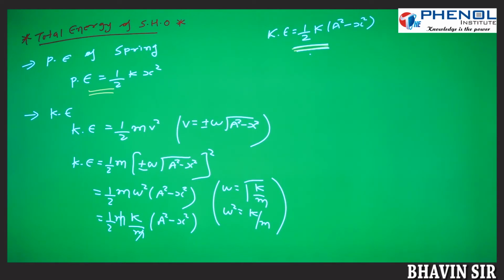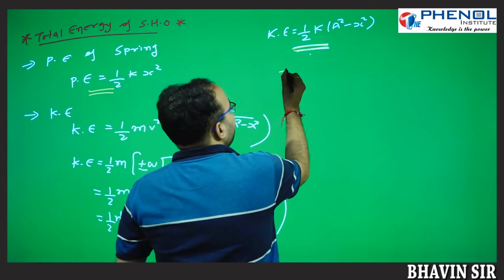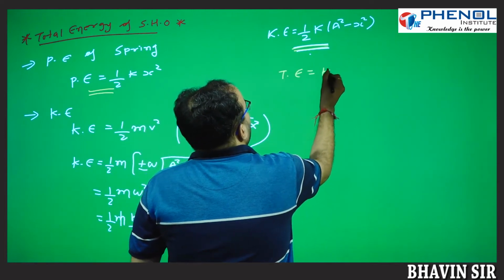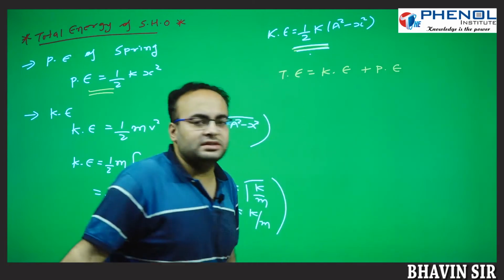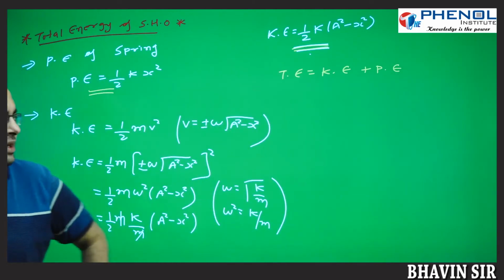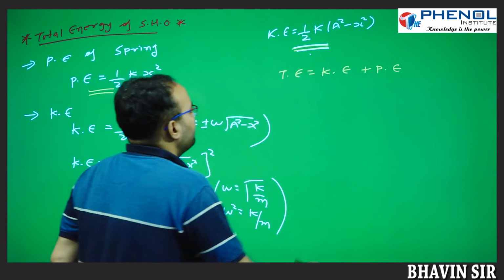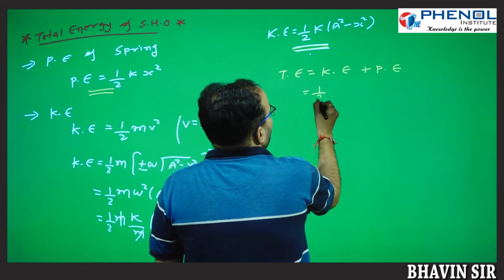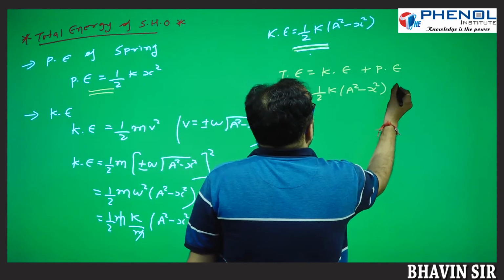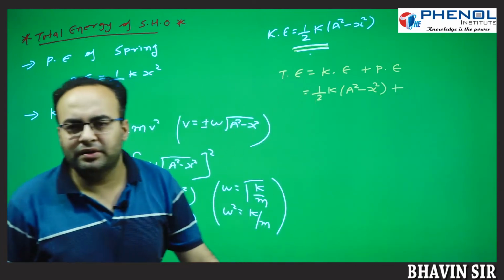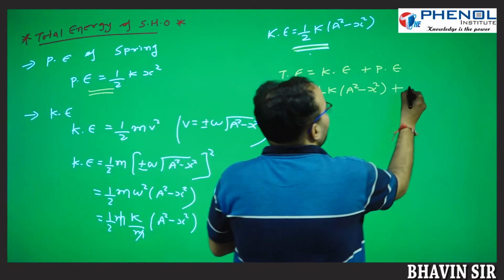Now what is the total energy? If you want to find the total, then add them. Total energy is equal to kinetic plus potential. Kinetic is half k, a square minus x square. Potential is half k x square.